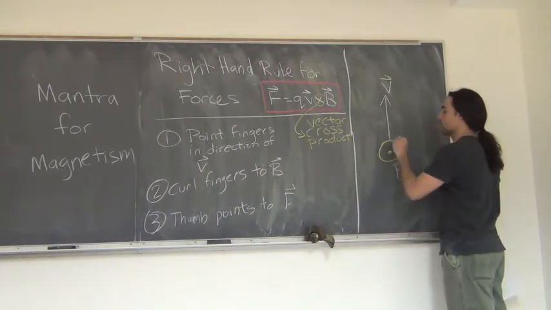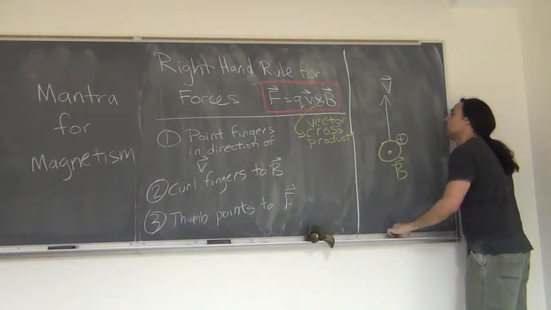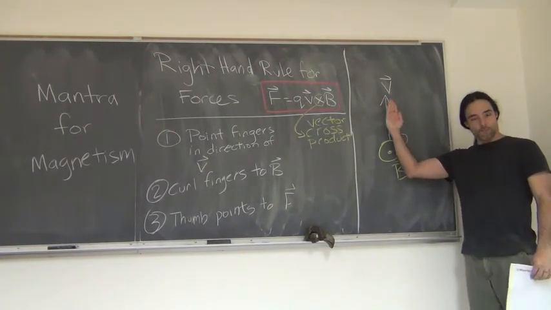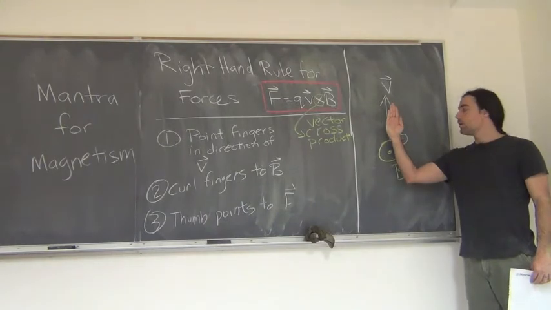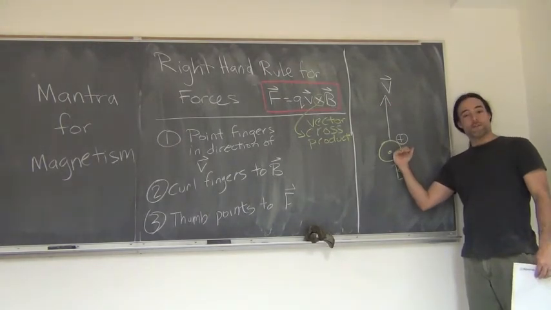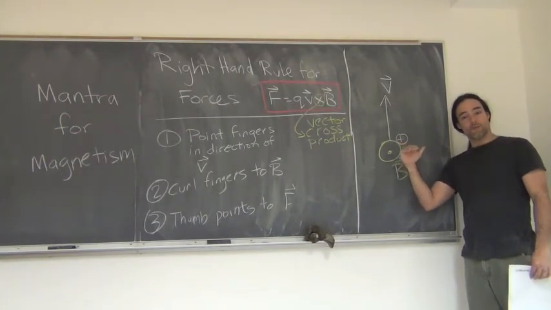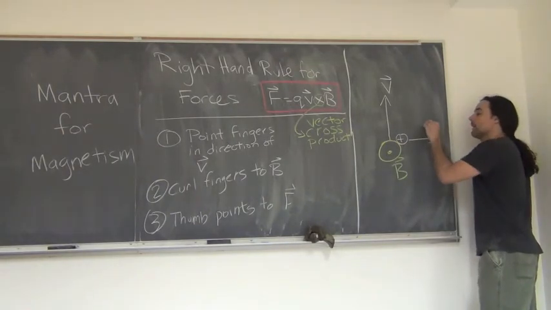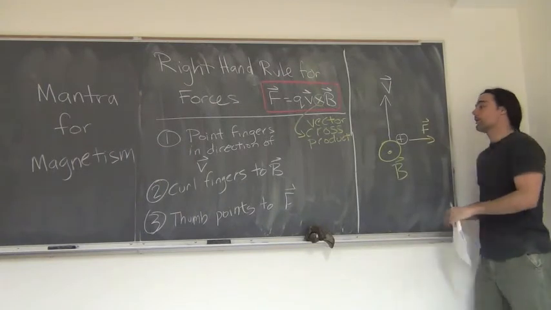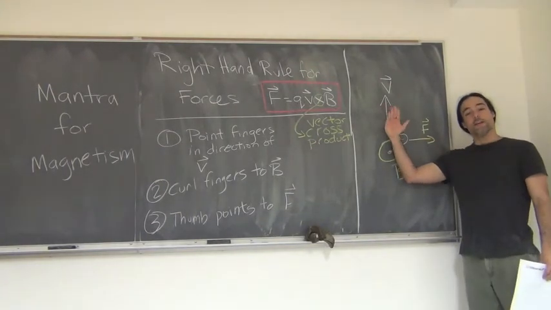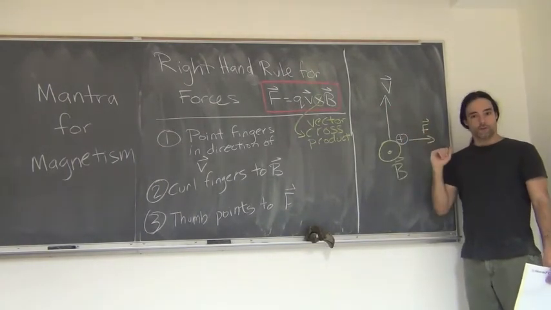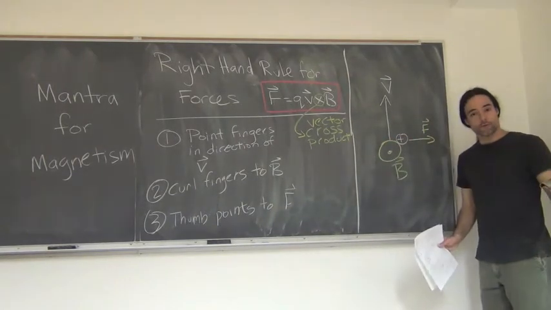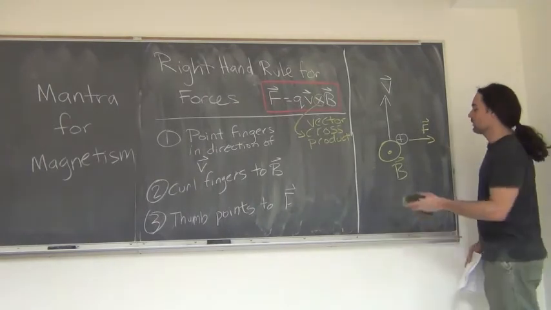Again, let's say there's a positive charge here. Velocity is pointing up, point fingers in the direction of V, curl them in the direction of the magnetic field. The magnetic field is out of the board, so the force has to point this way. Start along V, take V, cross B, force is in this direction. Okay, good so far? Good.